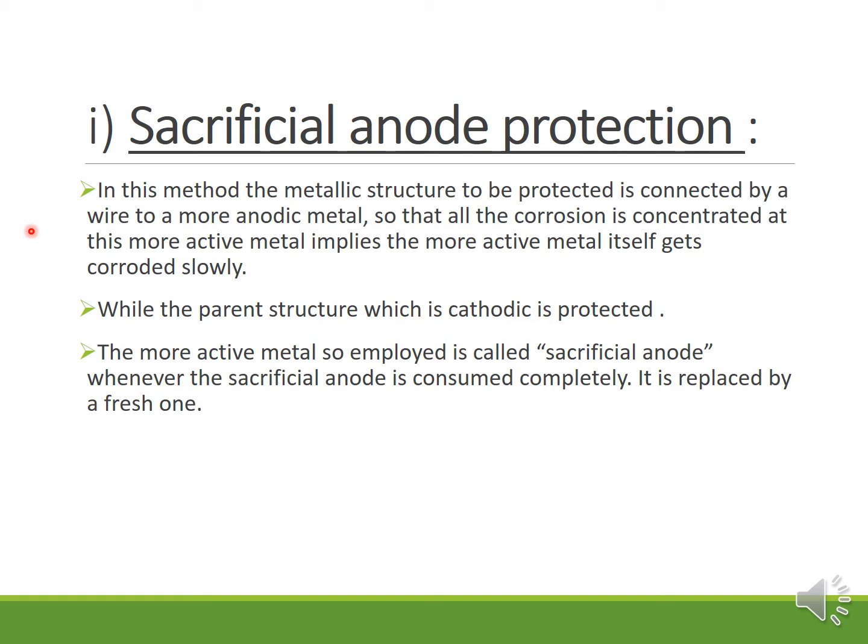The active metal will undergo corrosion slowly and the base metal becomes cathodic and gets protected. The more active metal is used as a sacrificial anode. Whenever the sacrificial anode is consumed completely, it is replaced by a fresh one.